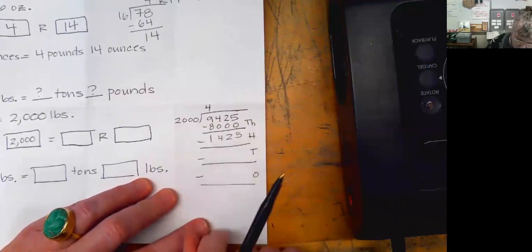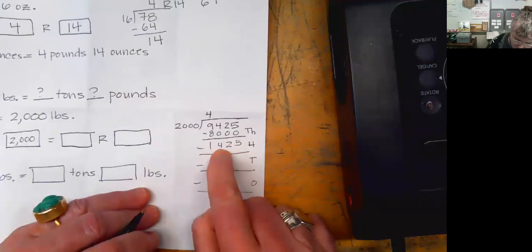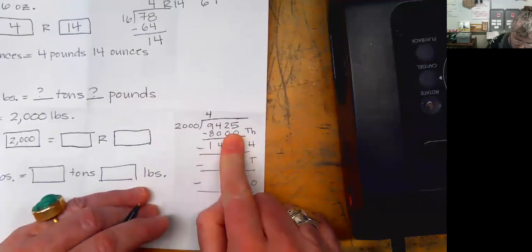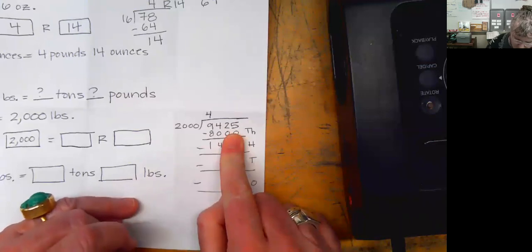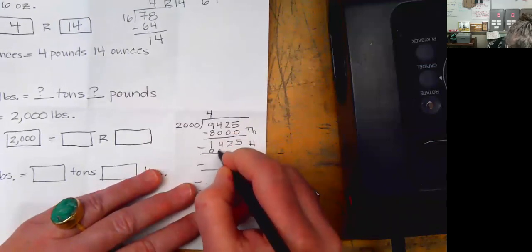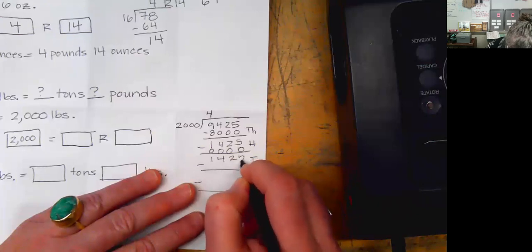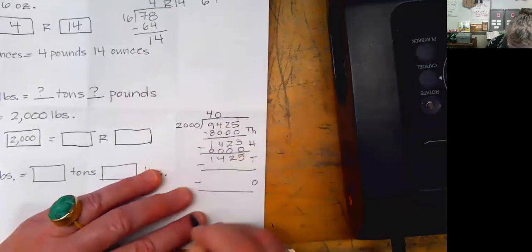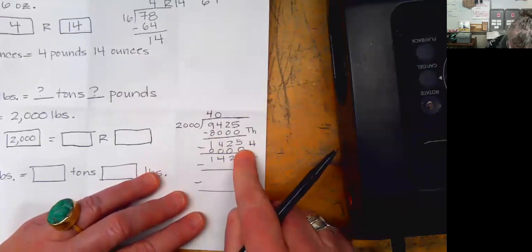So now I have this number and I want my hundreds. So I'm going to ask, how many times will it go into 14? And 2,000 will not go into 14. So we're going to say 0. How many times, now we're looking at the tens place, will it go into 142?